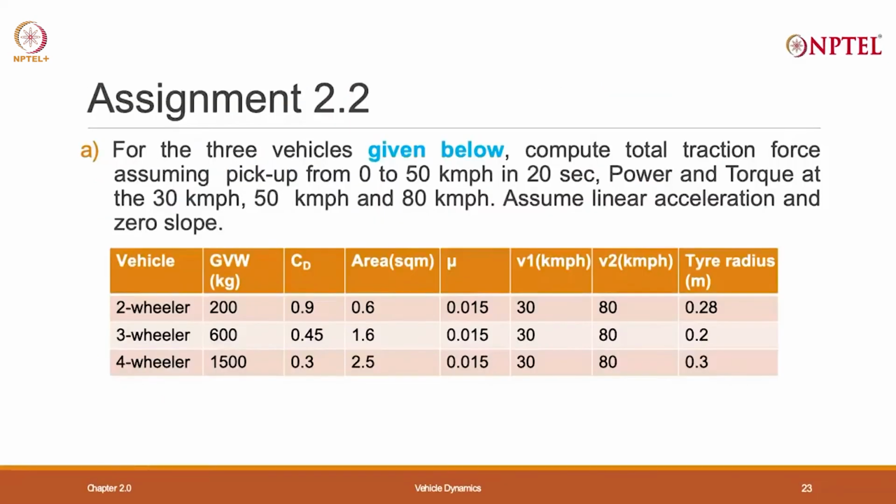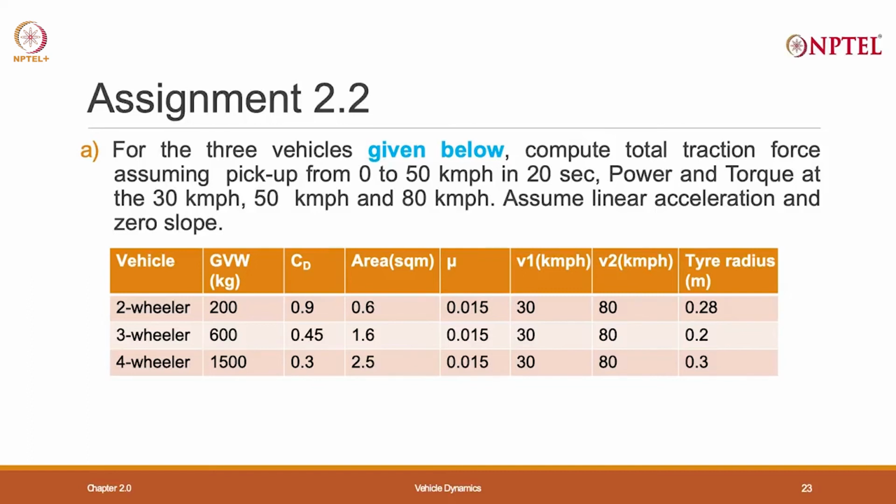Okay. So, this is what we will do, and there are 3 assignment problems that I have defined. By now, I think we have done enough for you, and this is our little bit tedious assignment. You have to actually do the work for the 3 vehicles, 2-wheeler, 3-wheeler and 4-wheeler that were defined in assignment 2.1.